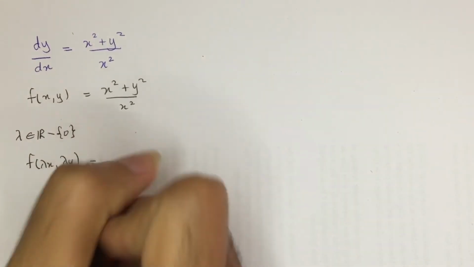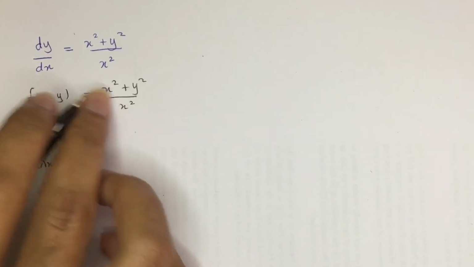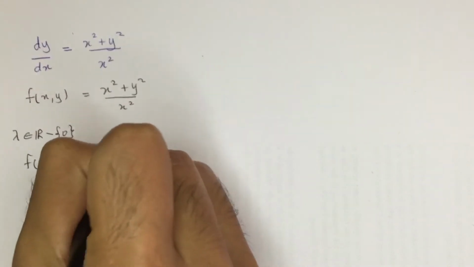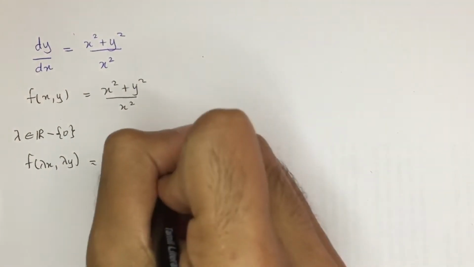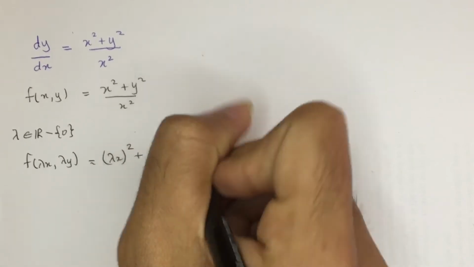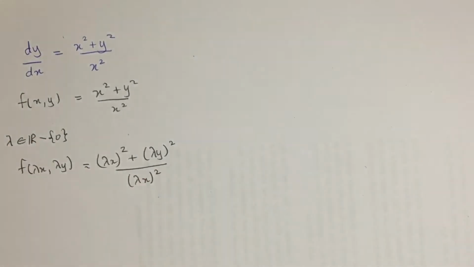If I substitute over here, for x we get lambda x whole thing squared. Likewise, if you substitute lambda y, you get lambda y whole thing squared, divided by lambda x whole thing squared.